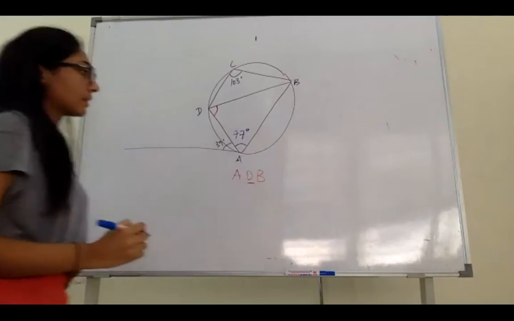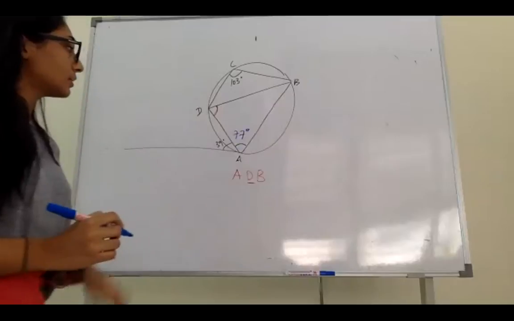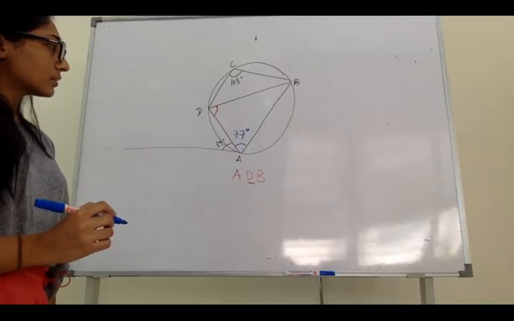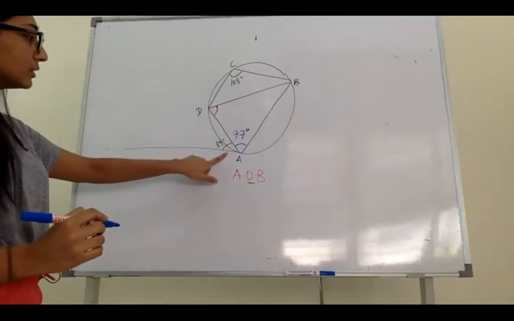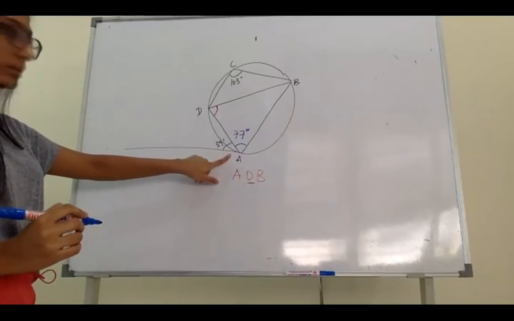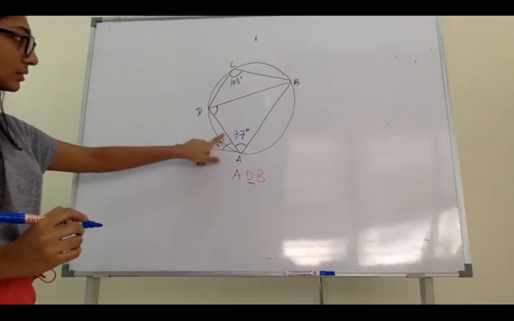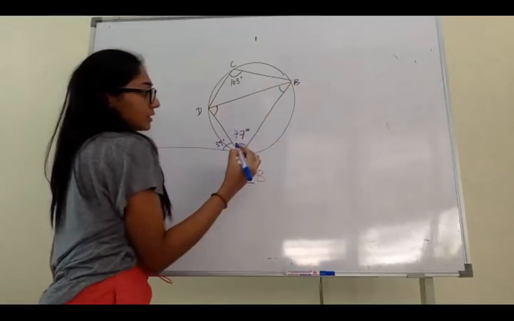But for angle ABD, I got 39 because the angle between a tangent and a chord is equal to the angles in the alternate segment. So this one, yeah, that's 39.